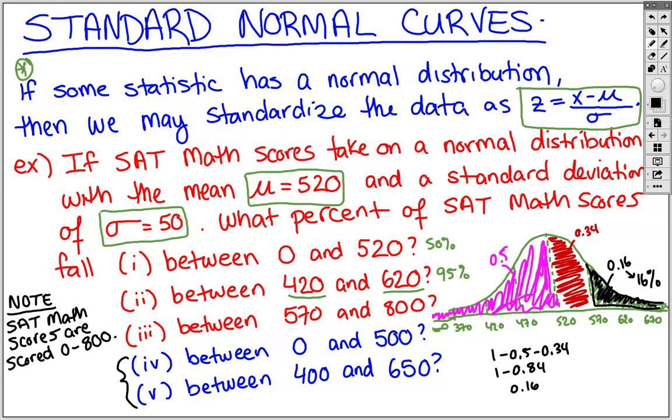So I'm going to go to the next page, and I'm going to draw a normal curve and rewrite the important parts of the problem. So here we go. We said that mu was 520. We said that sigma, the standard deviation, was 50.